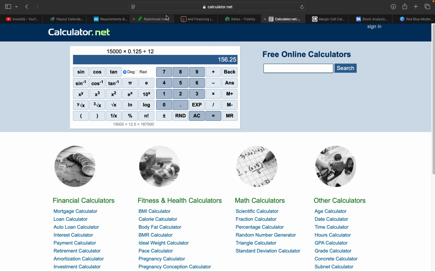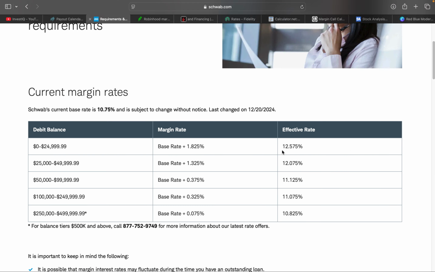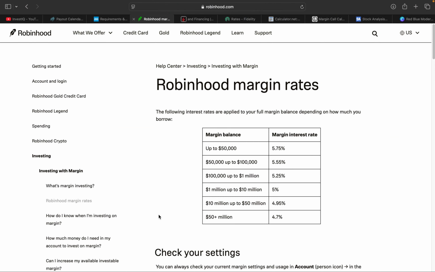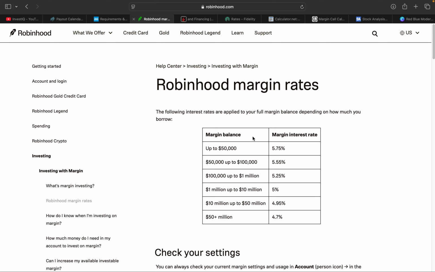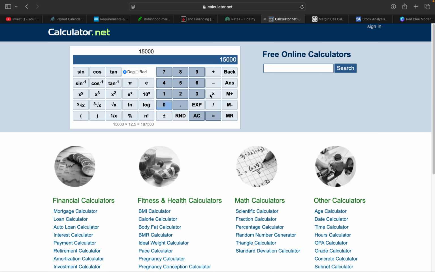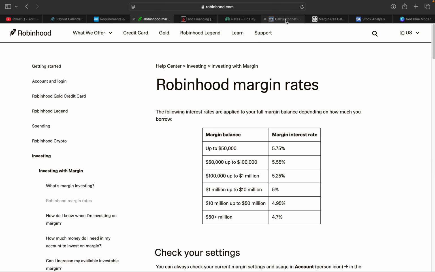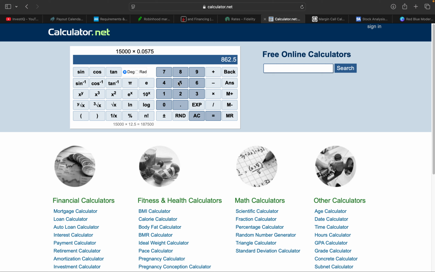So let's use the same value with Robinhood. Remember, we were at 12.5%. Robinhood up to $50,000 is 5.75%. So let's do that calculation: $15,000 and their rate is 5.75%, so times 0.0575.